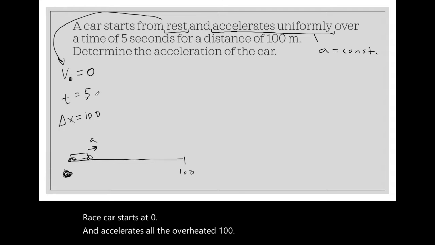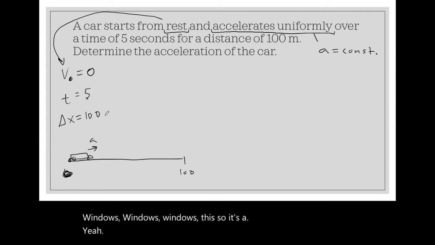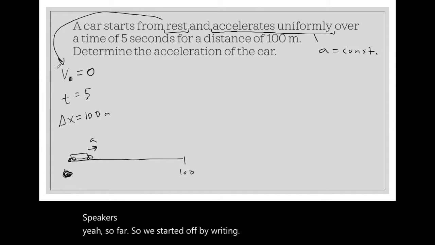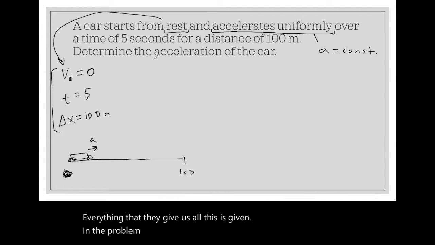What else? Yeah, it's meters. So we started off by writing everything that they give us. All this is given in the problem, and we're trying to solve for the acceleration.